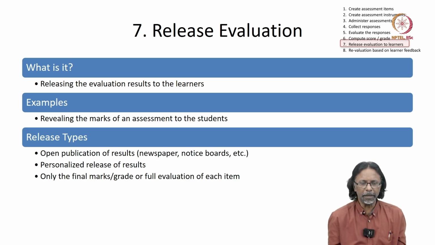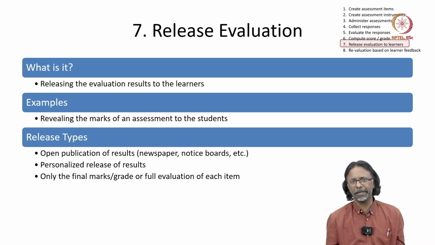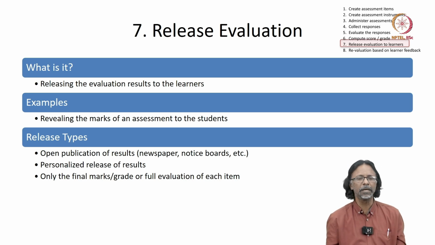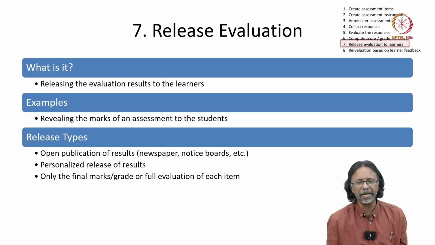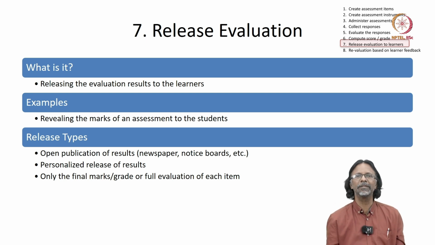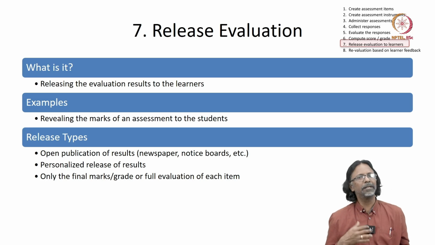And finally, depending upon the nature of the institution and its policies, we can also decide whether to reveal only the final marks or the grade, or also release the item level assessments. Do you also release the item level evaluation? That also is an option, and there could be lots of variations on that.